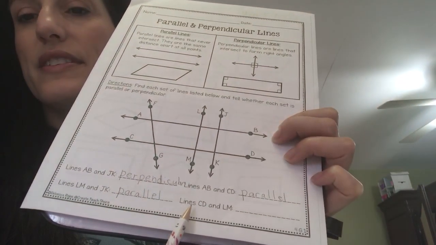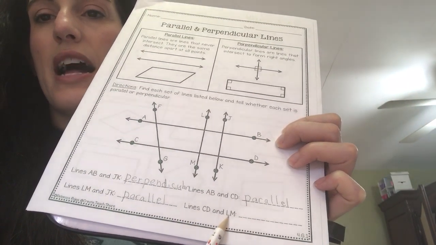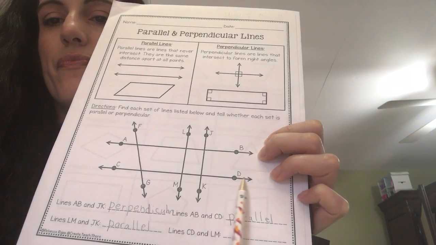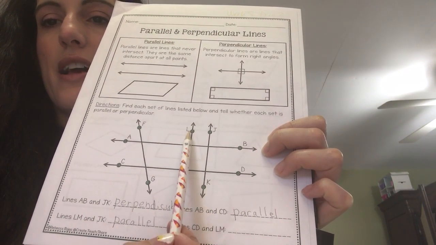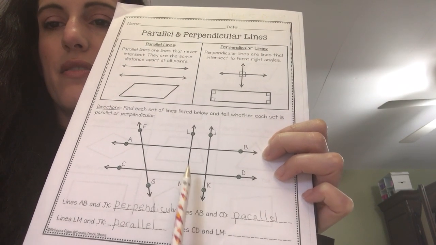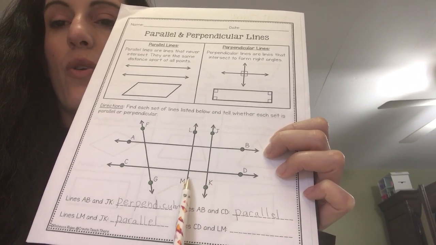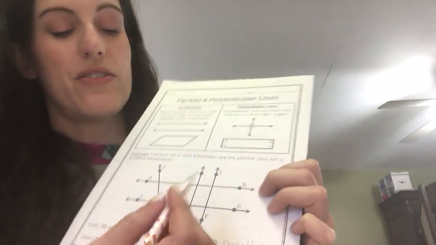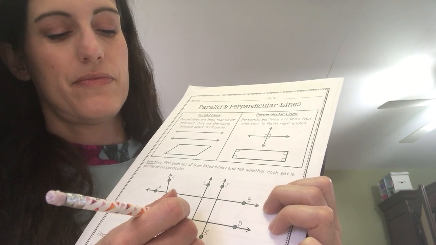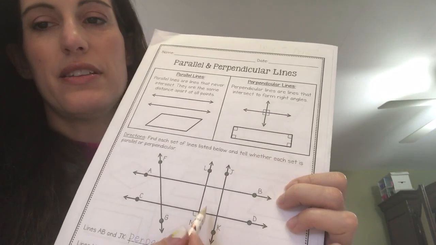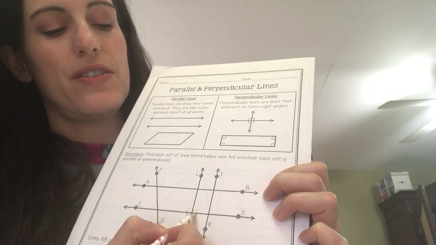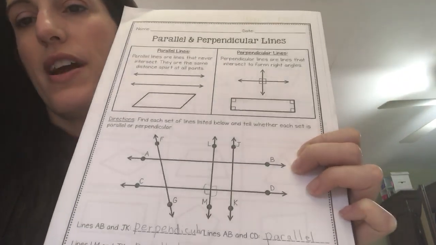And then the last one, CD and LM. Look where they cross. They form a perfect 90-degree angle, and each one is that 90-degree angle.